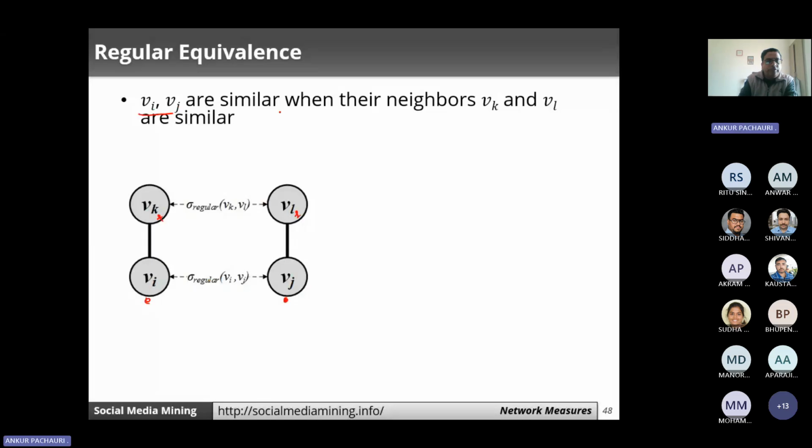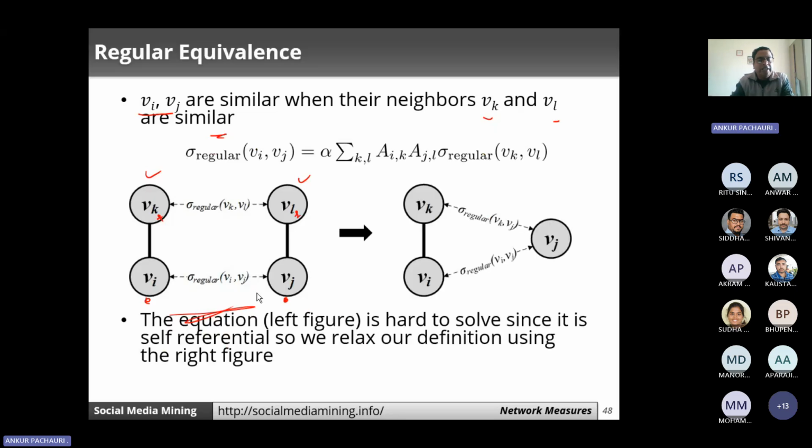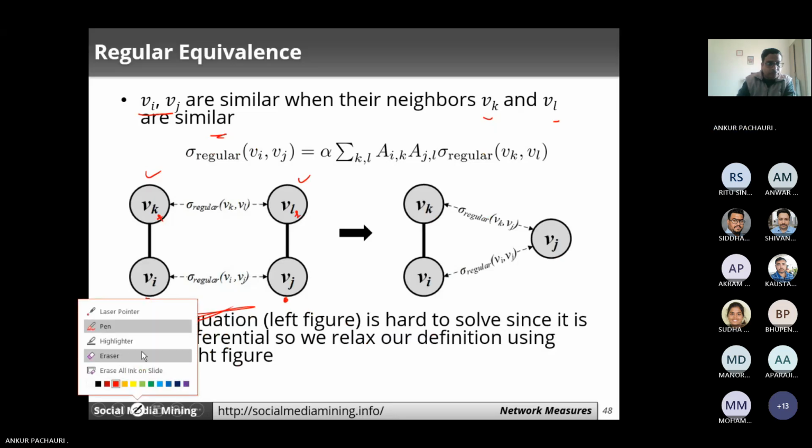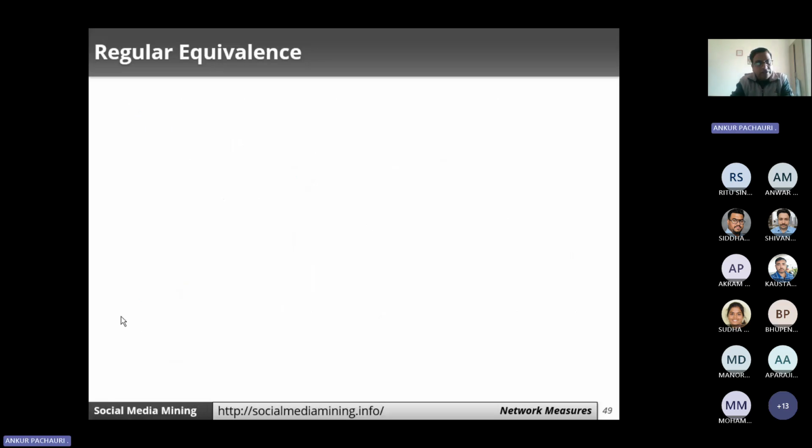Vi and Vj are similar when their neighbors Vk and Vl are also similar to each other. First of all, the neighborhoods are similar. If the neighborhoods are similar, then we can say those two nodes are also similar. This comes under the topic of regular equivalence, and it may be used for recommendation systems as well.